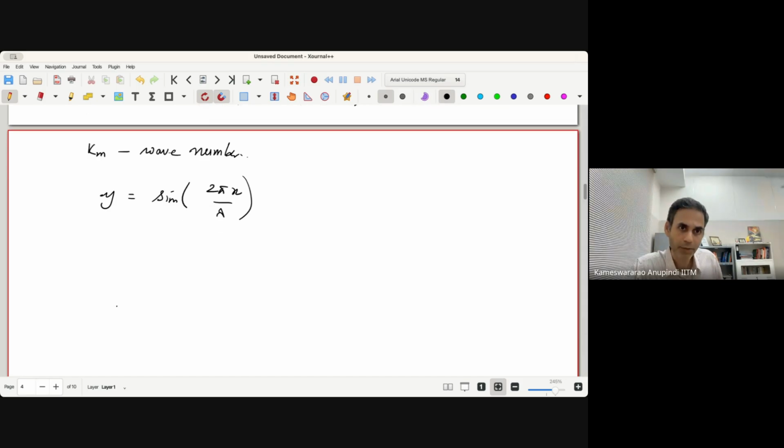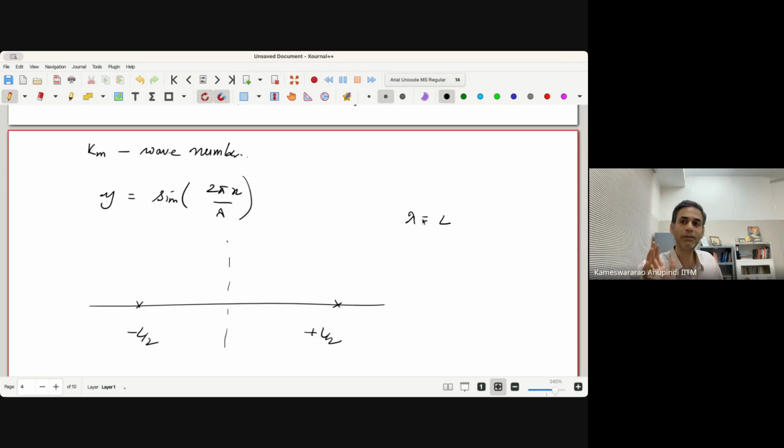Let us say we have a domain of length L, so this is from minus L by 2 to plus L by 2. Essentially I have this sine function, and let us say my lambda equals L. That means this function has a wavelength of L. Then my function y is going to look something like this.